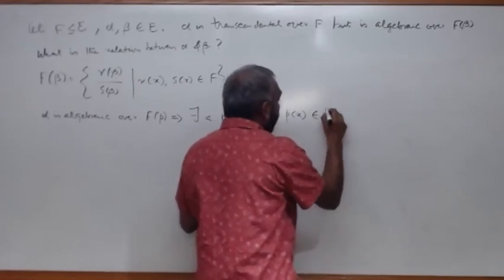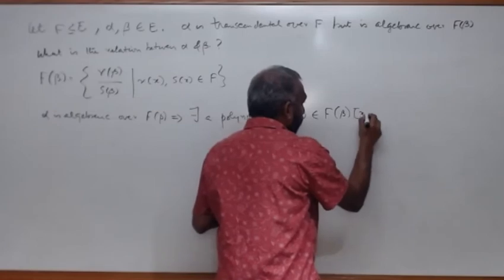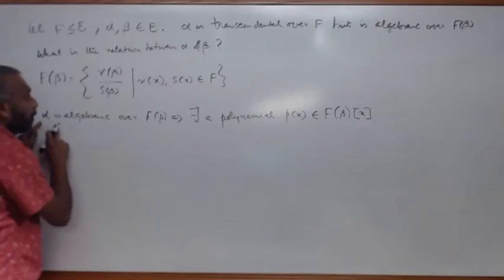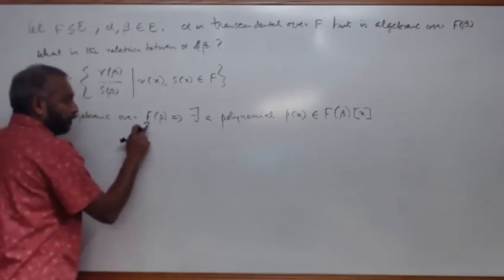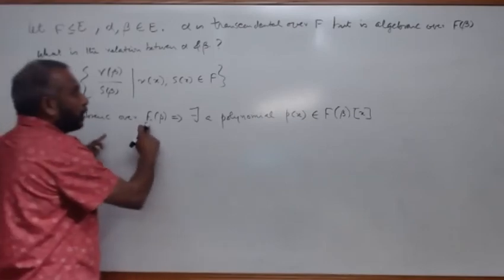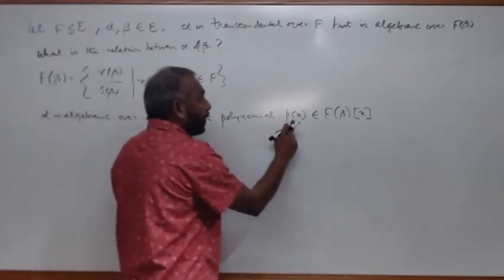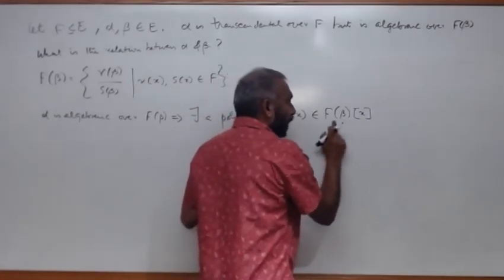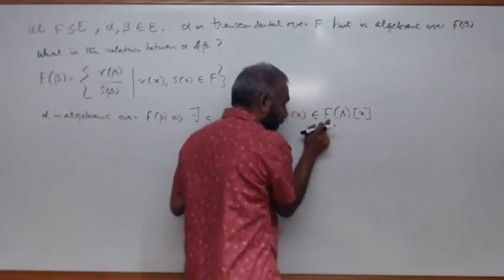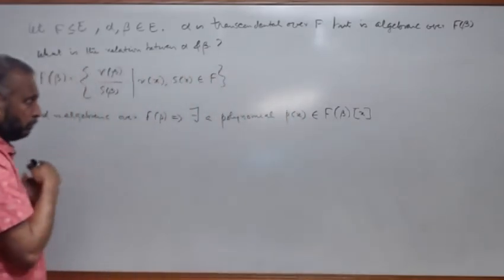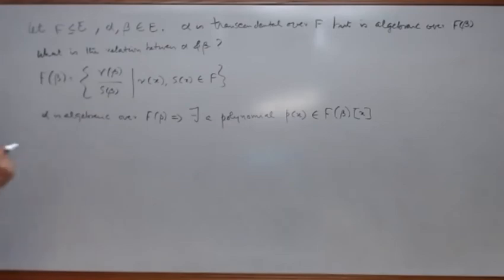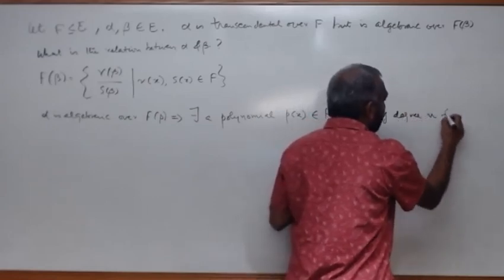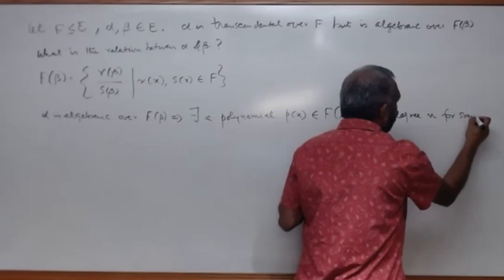No, see, alpha is algebraic over F of beta, not F. So there exists a polynomial p of x in F of beta of x. This means that the collection of polynomials with coefficients from F of beta of degree n for some n.